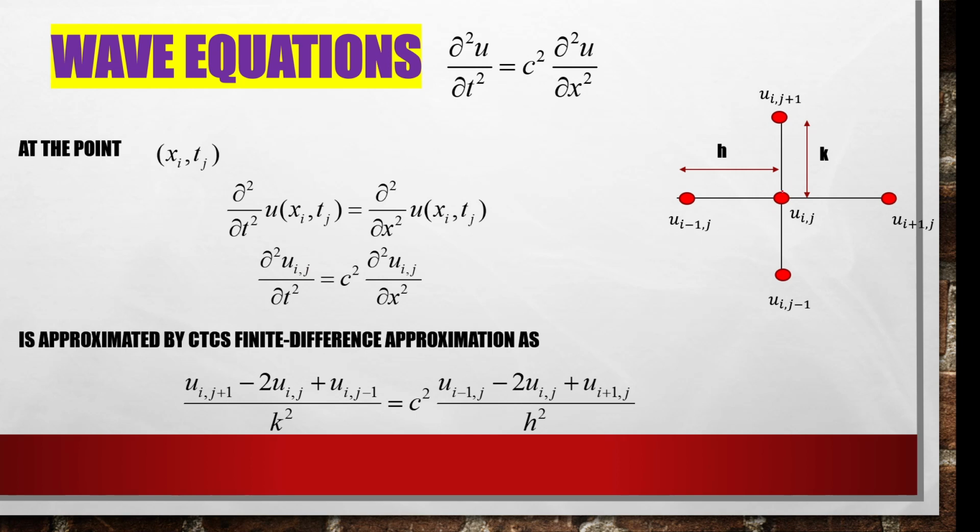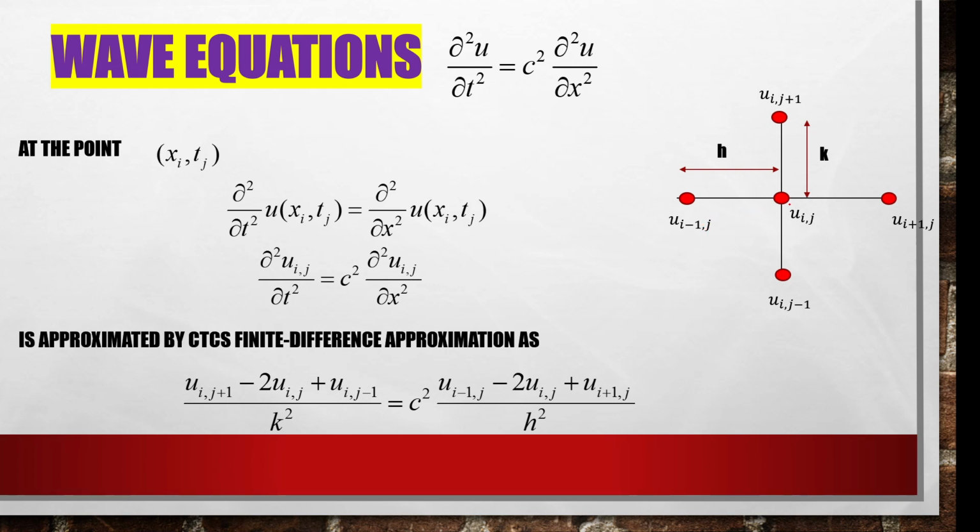We are standing at the center point (x_i, t_j), and the u at this point is u_{i,j}. We represent x using the horizontal axis. From u_{i,j}, the point ahead will be u_{i+1,j} and the point at the back will be u_{i-1,j}.